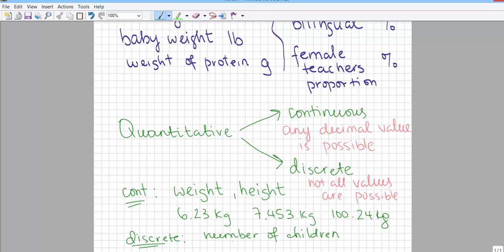Well, you can have 0, 1, 2, 3, and so forth, right? But you cannot have 1.32. You cannot have 1.55 or 2.34 children. This is an example of a discrete variable, okay? So whenever you have a value that cannot happen, then you know this is a discrete, okay? Think about it as there are holes in between your values that are possible. That's discrete. If there are no holes, that's continuous, okay?